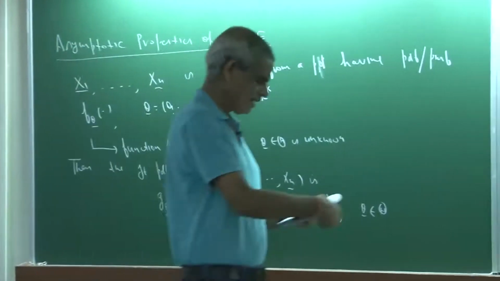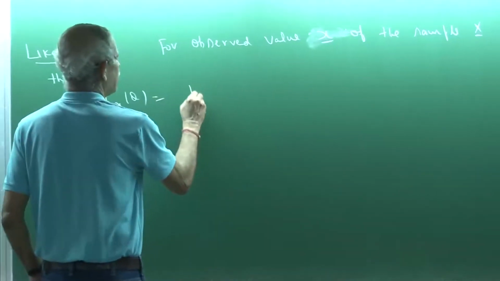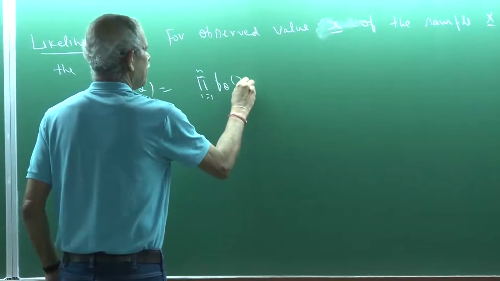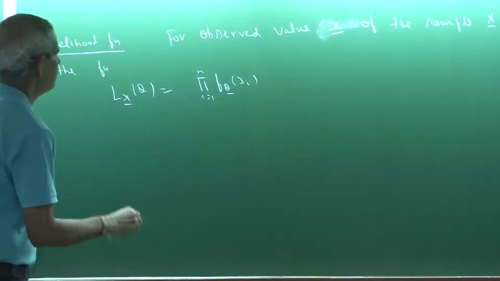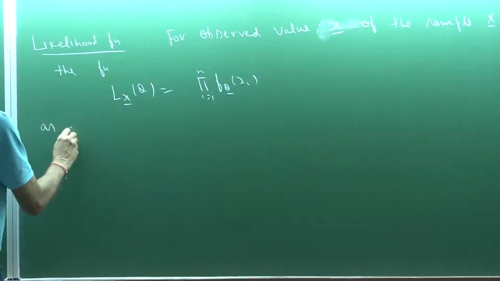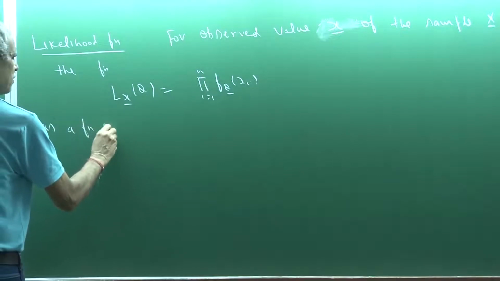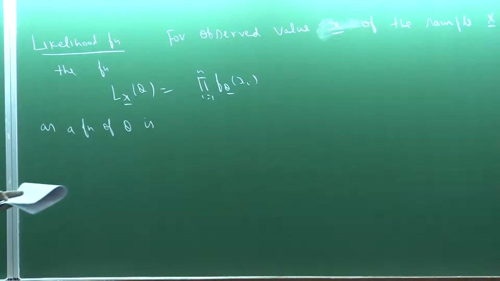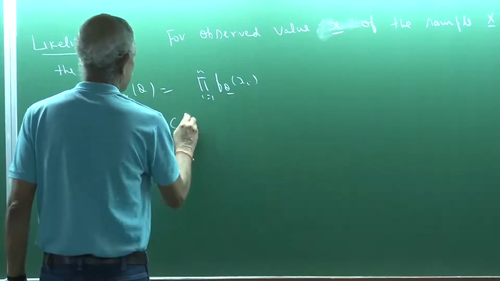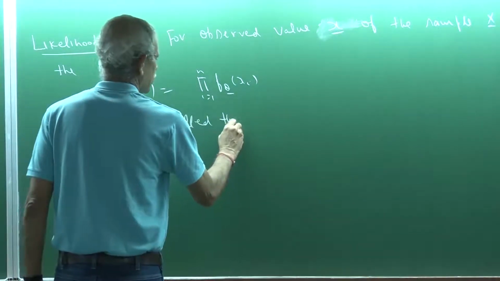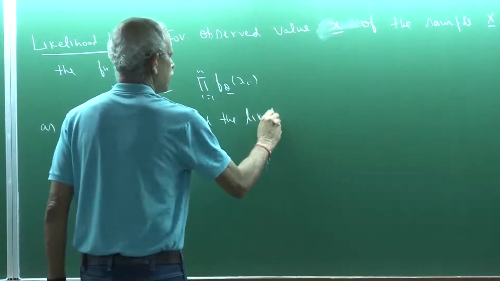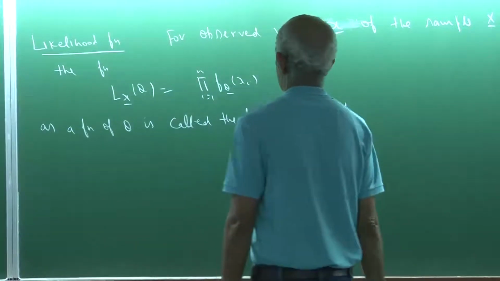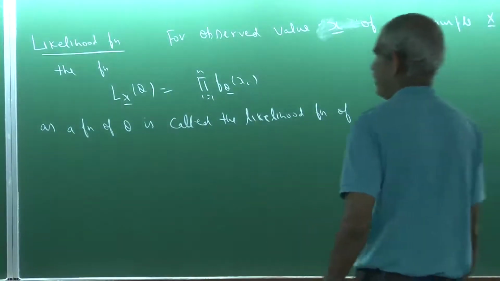So L_x(theta), which is the product over i = 1 to n of f_theta(xi), as a function of theta, is called the likelihood function of the observed sample x.